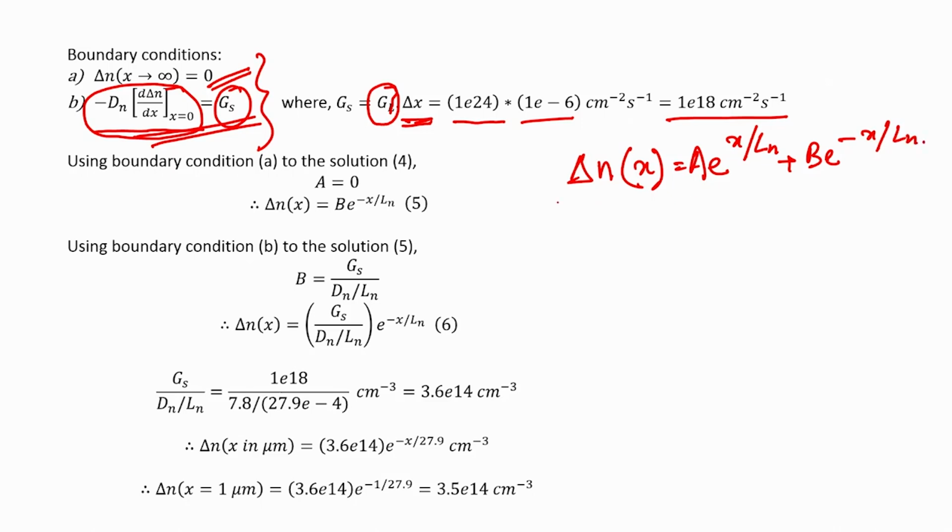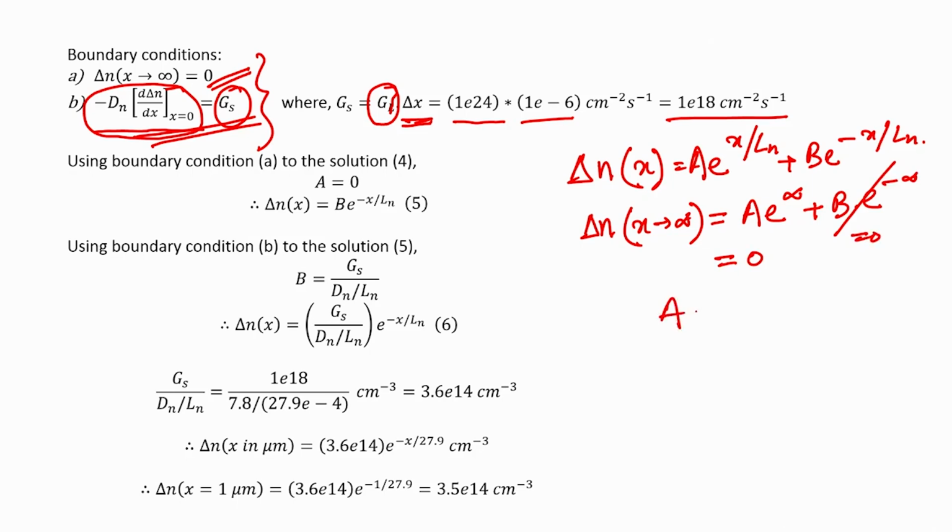So, first plug in the first boundary condition. Del n x tends to infinity is equal to A e to the power infinity plus B into e to the power minus infinity, and this is equal to 0 according to the boundary condition. Now, the second term goes down to 0.